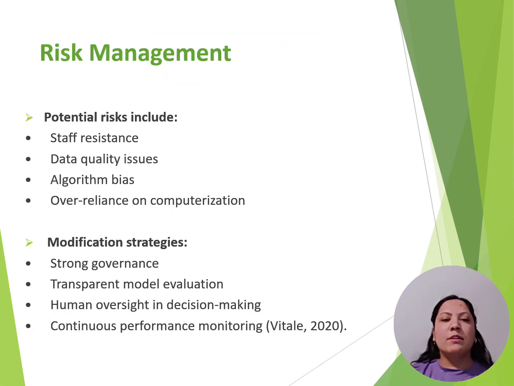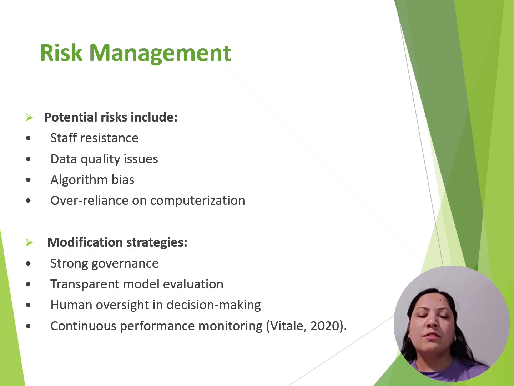So the potential risks that I find are staff resistance, since staff became more dependent on machine learning. Data quality issues: sometimes the machine learning may be incorrect, so at the same time the staff members should be more careful, and they need to use their mind to check whether the data is accurate or not.